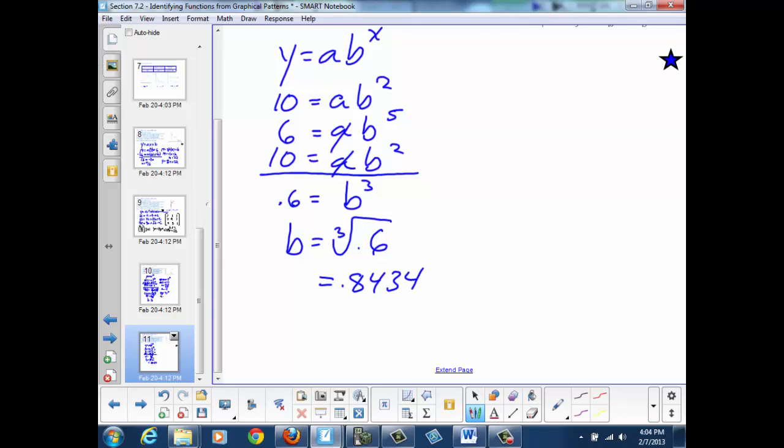Now that I know my b value, I can go back and solve for a using either of my equations. So I'll use the first one here, and I will say that 10 equals a times 0.8434 squared. So a is equal to 10 over 0.8434 squared.